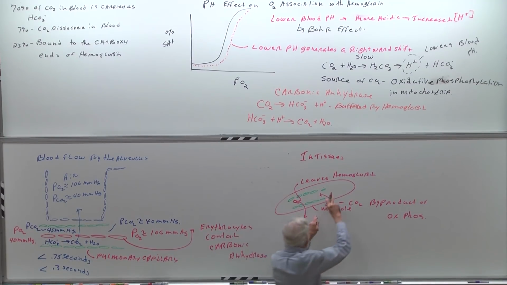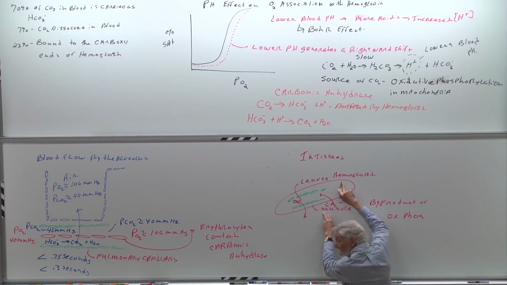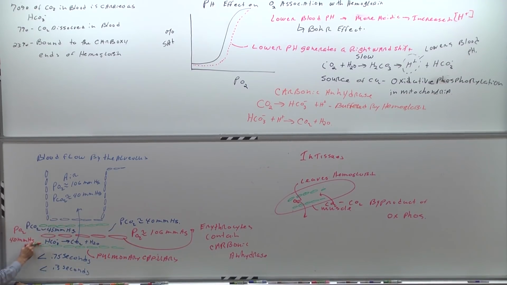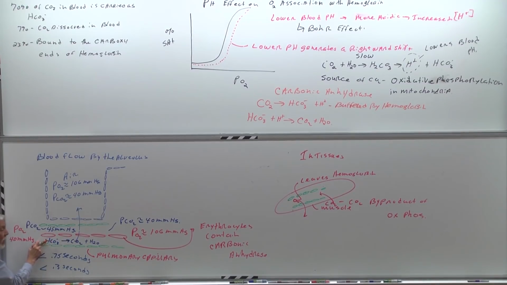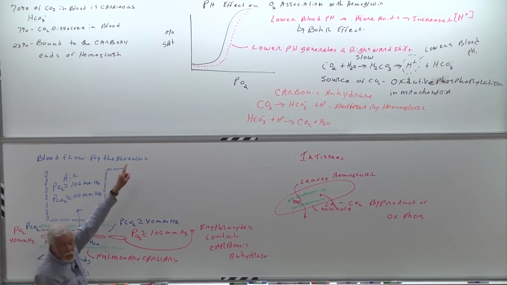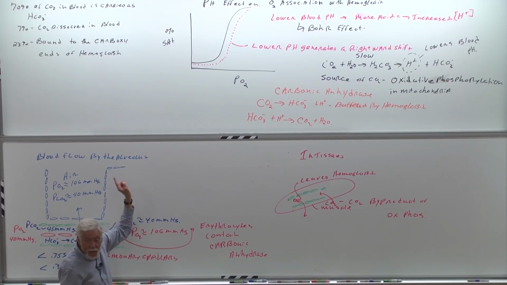Carbonic anhydrase out here in the tissues is making hydrogen ion so that the hemoglobin will relinquish its oxygen. But back here in the pulmonary capillary beds, now the carbonic anhydrase is converting the hydrogen ion and the bicarbonate back to CO2 and water, also pushing that curve back in the other direction.